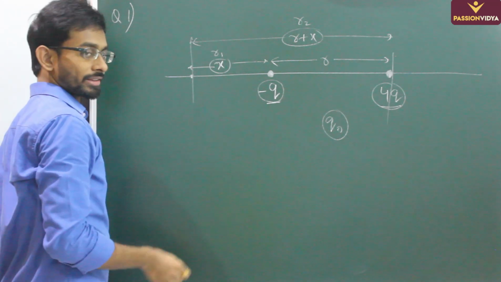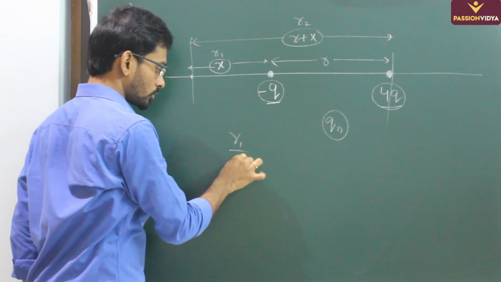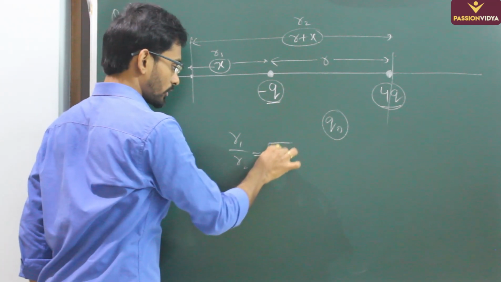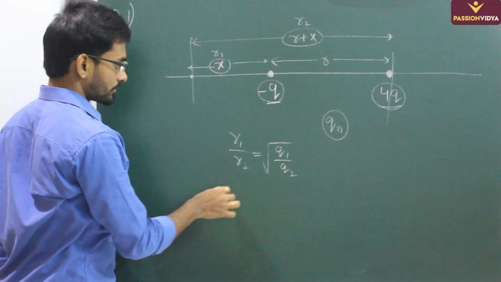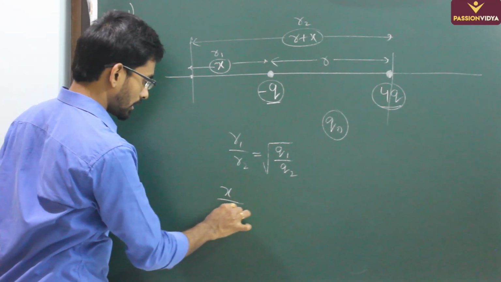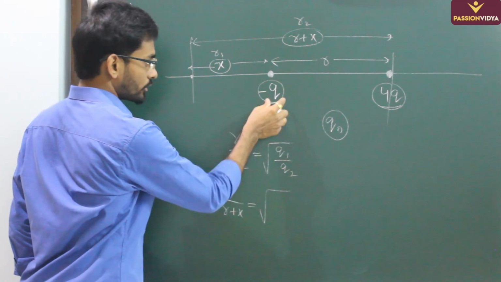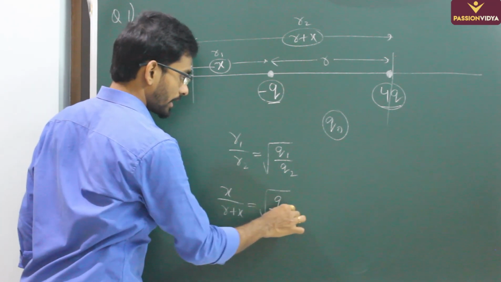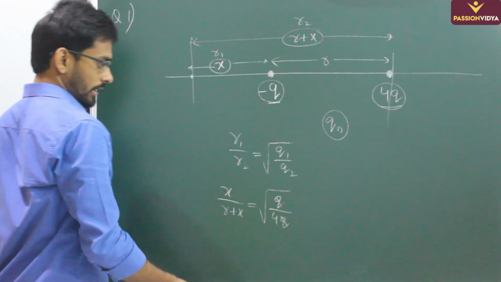Now we can apply the second expression we got, that is r1 by r2 is equal to under root of q1 by q2. So now we can substitute it. We'll get x by r plus x is equal to under root of the magnitude of charge q by the magnitude of charge 4q. So from here we'll get 1 by 2.